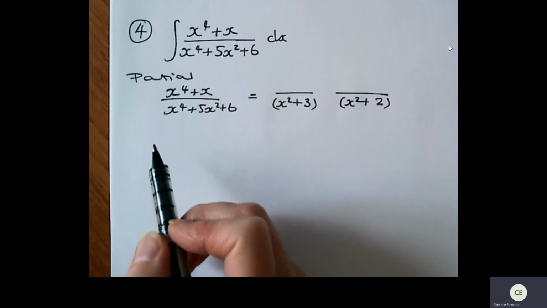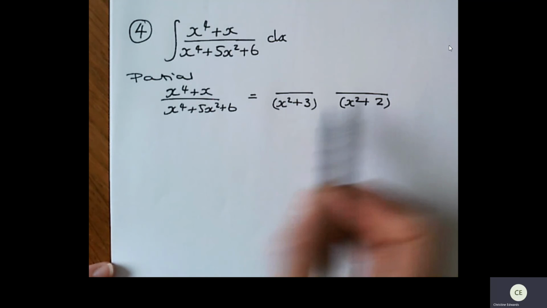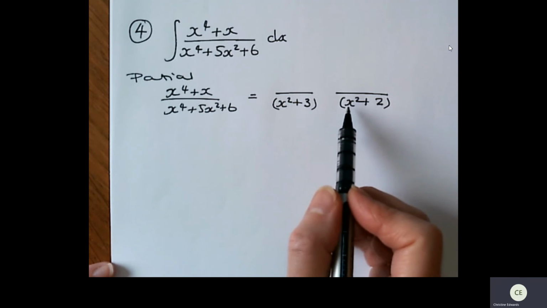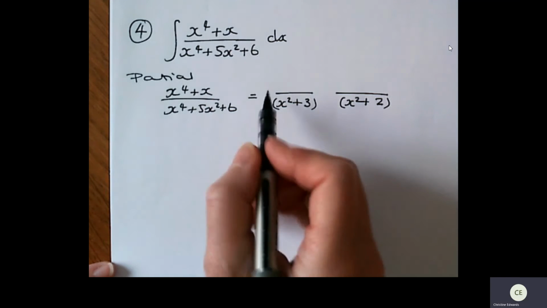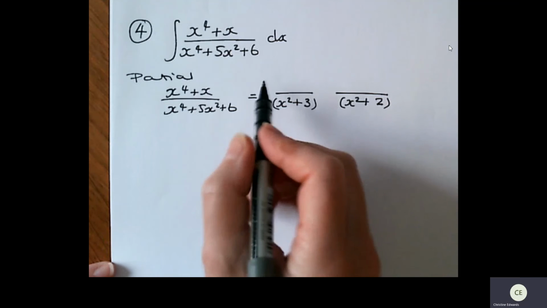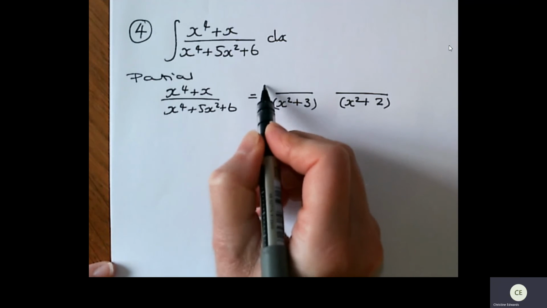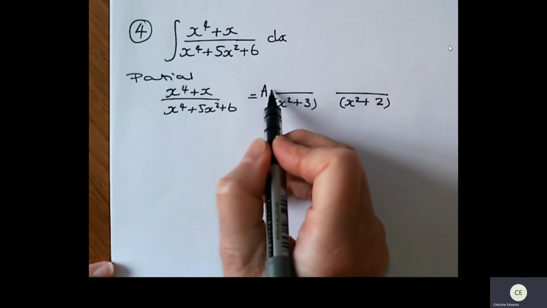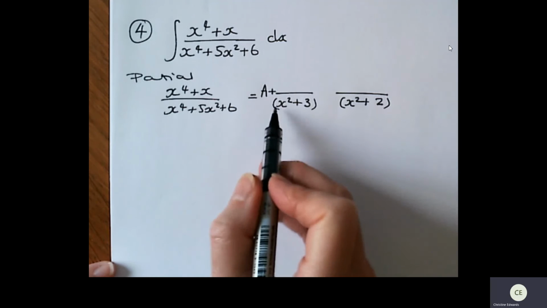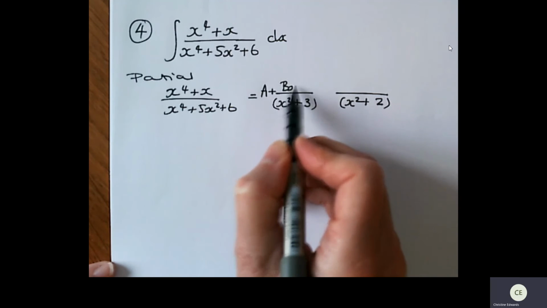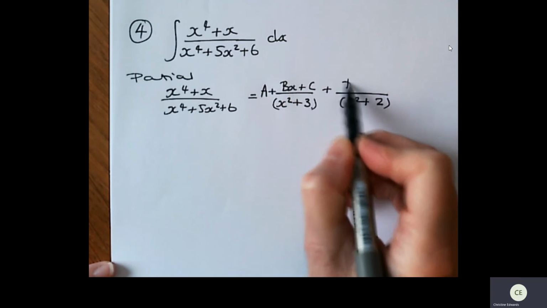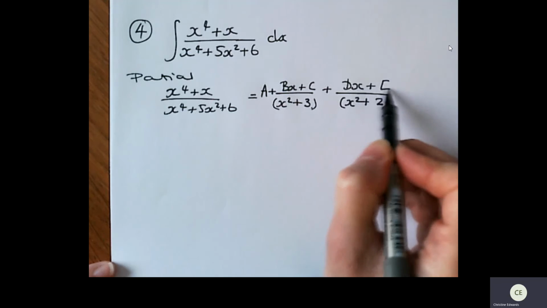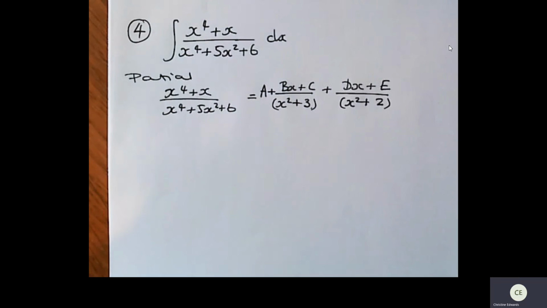That is going to generate a whole number answer and a remainder, and the remainder will have these 2 fractions involved. So the form of my partial fraction is going to be the constant, which we'll call a, plus bx plus c on top of x squared plus 3, plus dx plus e on top of the x squared plus 2.